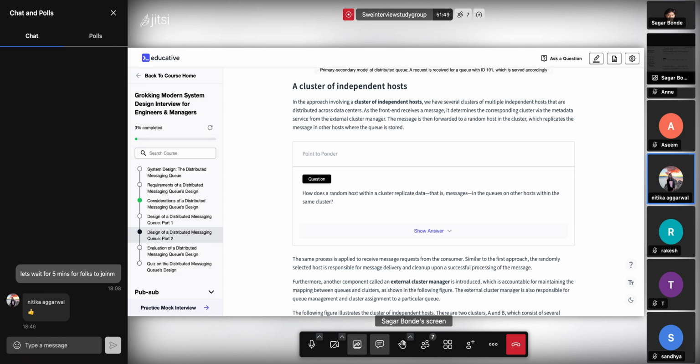How does a random host within a cluster replicate data, that is, messages in the queues, on the other hosts within the same cluster? It has a mapping.